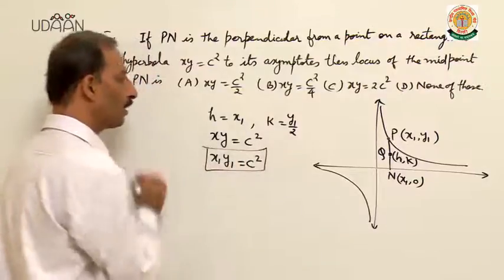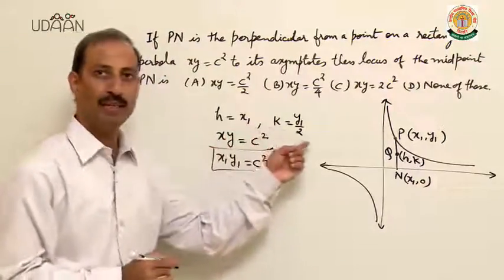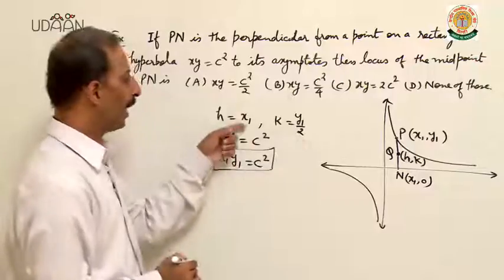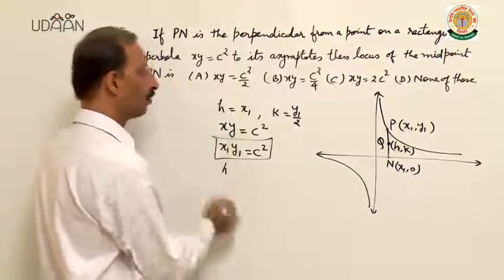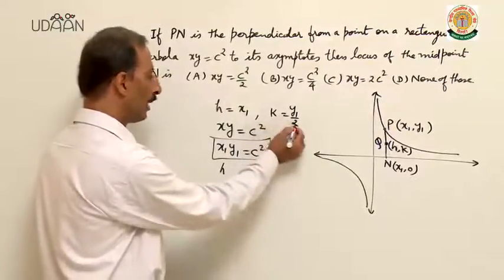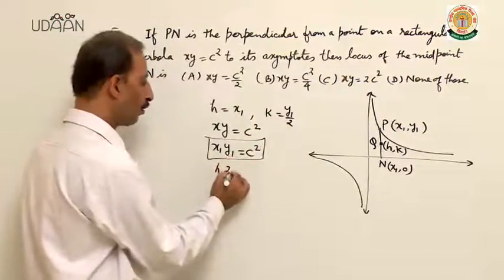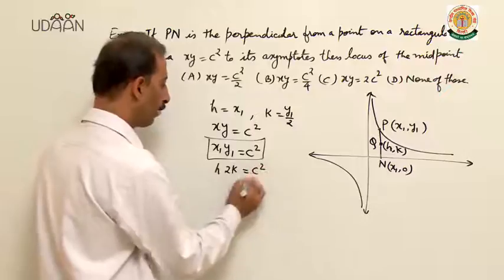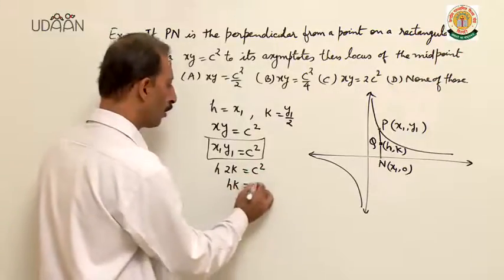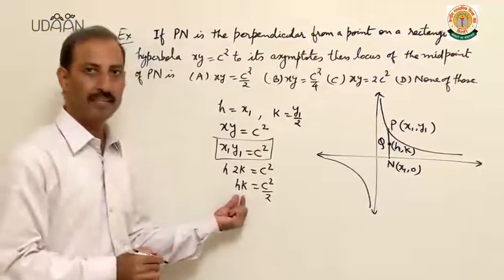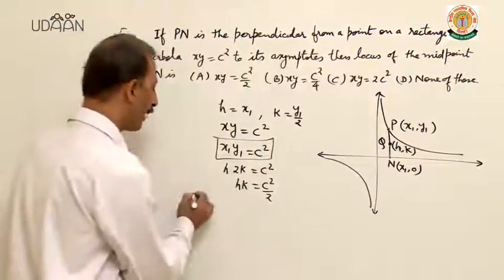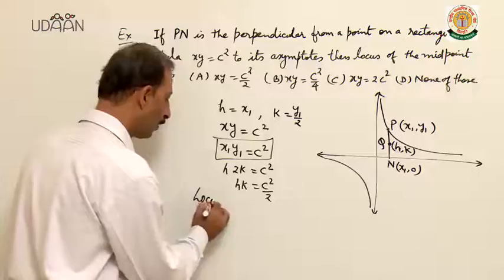Now what are the values of x1 and y1 in terms of h and k? x1 is h, so in place of x1 put h. y1 is 2k, so in place of y1 put 2k, equal to c square. So h into k is equal to c square upon 2. We have to find the locus of h and k. How will you get the locus of any point? You know this very well.